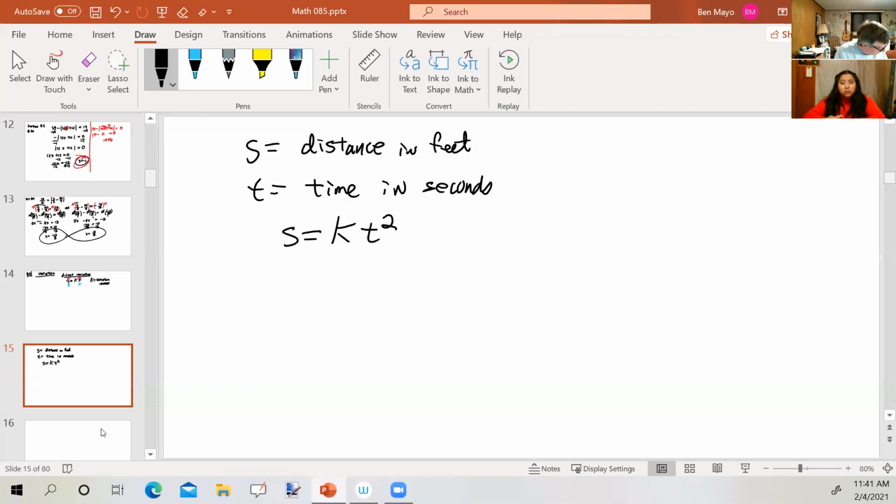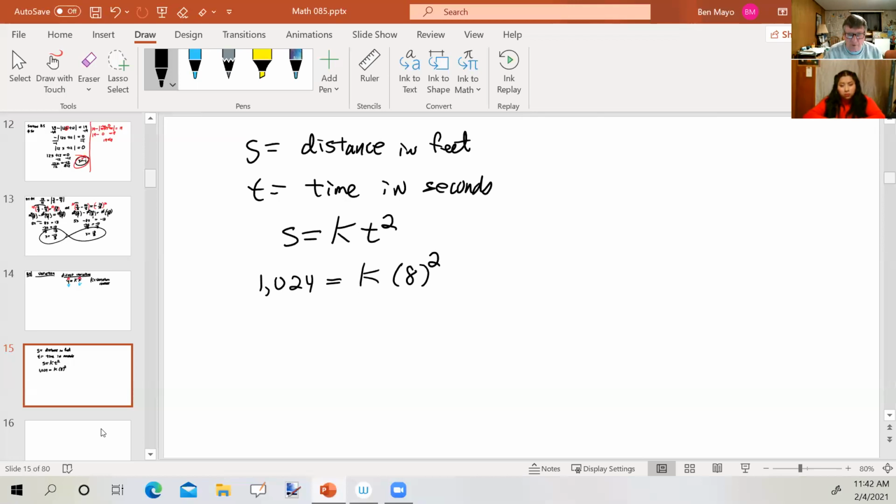Now it says, if an object falls 1,024 feet, so that would be S, in 8 seconds, 8 would be T, how far will it fall in 10 seconds?